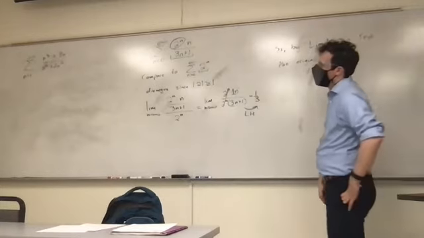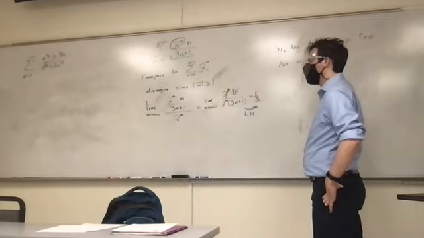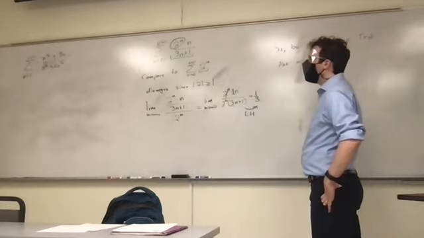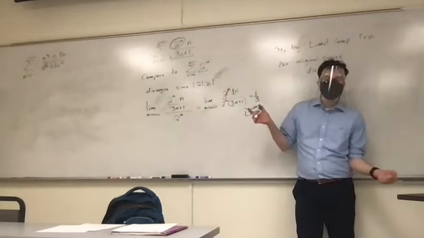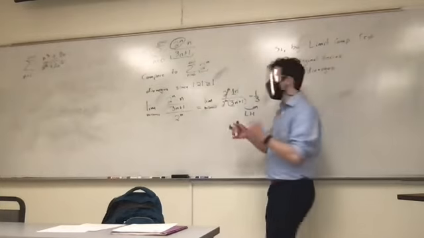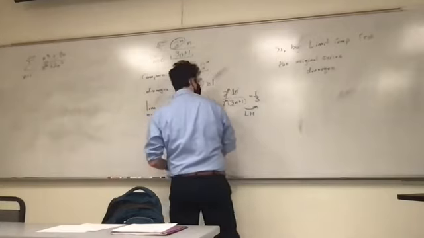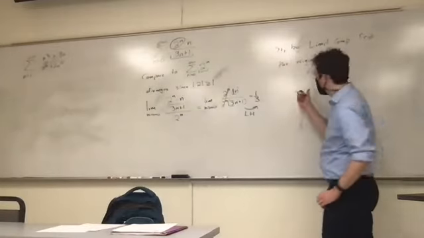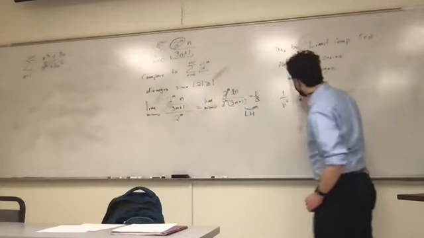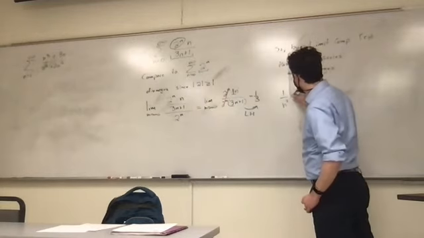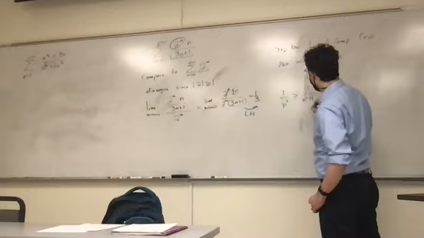So given this series, when we're trying to decide what to do, one thing you might try is, we did some examples with these rational functions where we did a direct comparison test. Not like that example, but we did something where we said maybe 1 over n squared is greater than or equal to 1 over n squared plus 1.